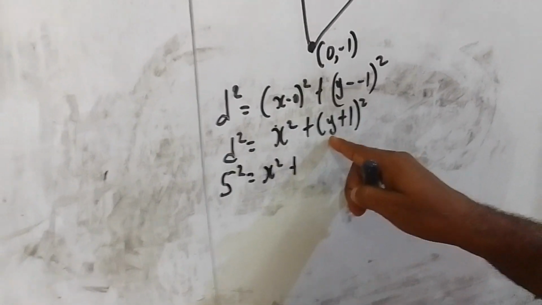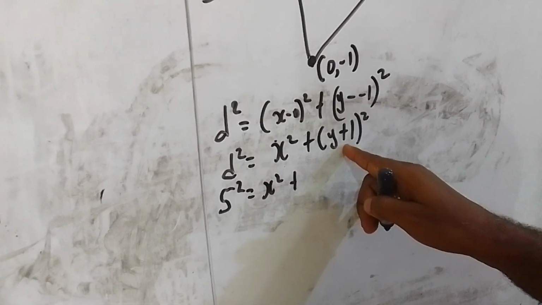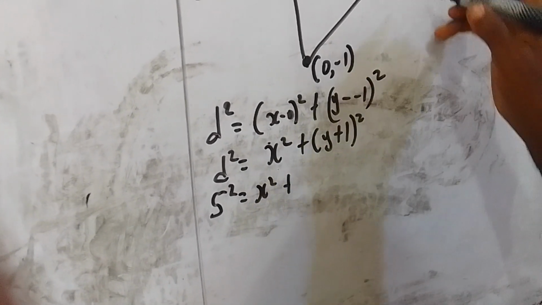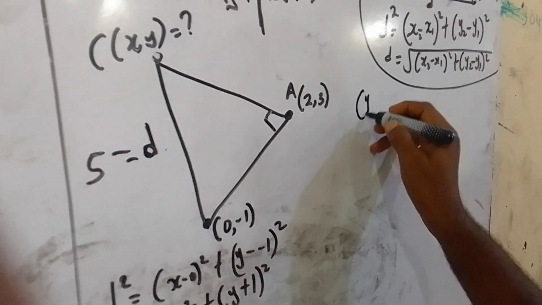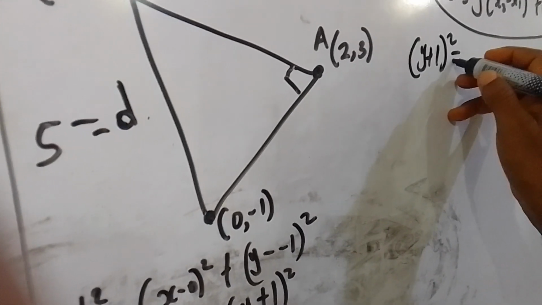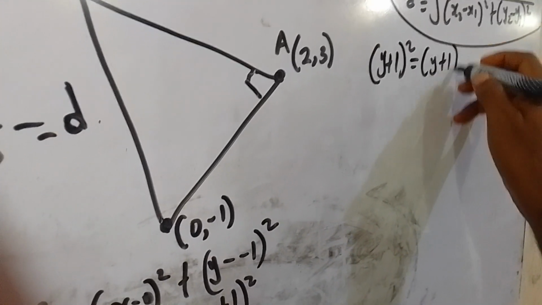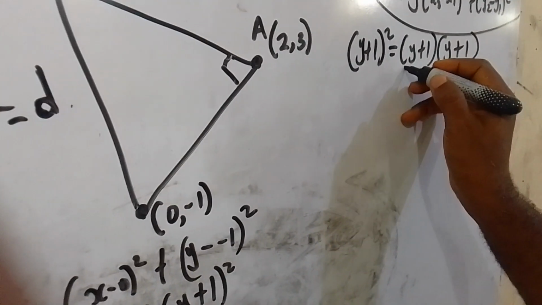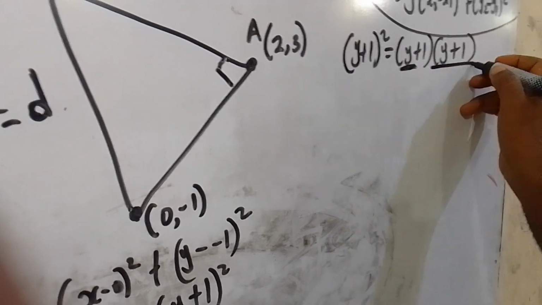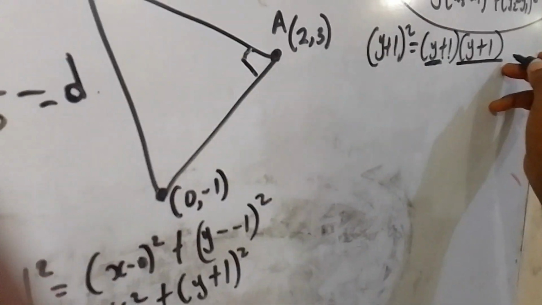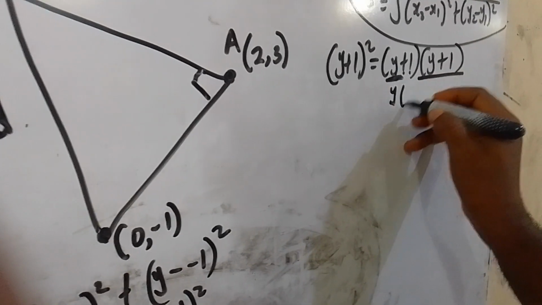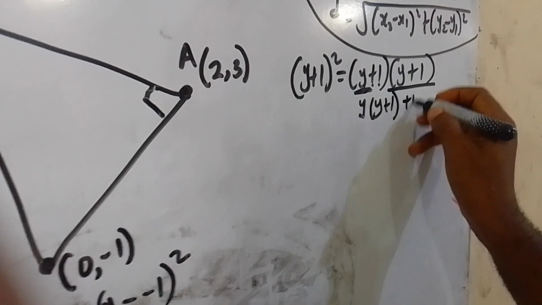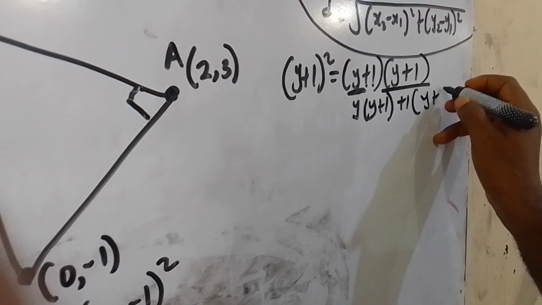we can use the binomial theorem in expanding this. The meaning of y plus 1 square actually means y plus 1 bracket y plus 1. To open this one, we use this first term here to open the bracket, then we use this one to open the bracket. So using this one, we have y times the bracket y plus 1, then this plus 1 times the bracket y plus 1.